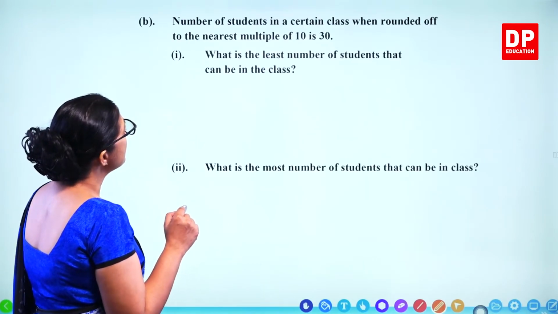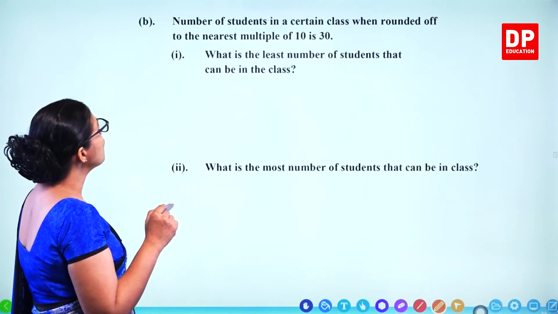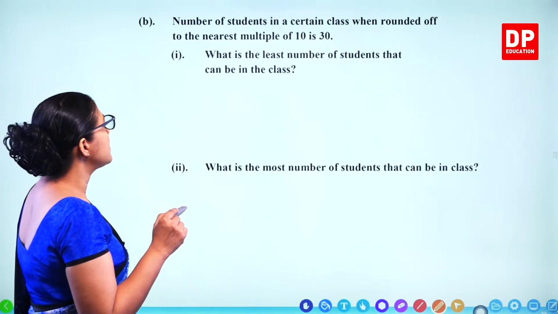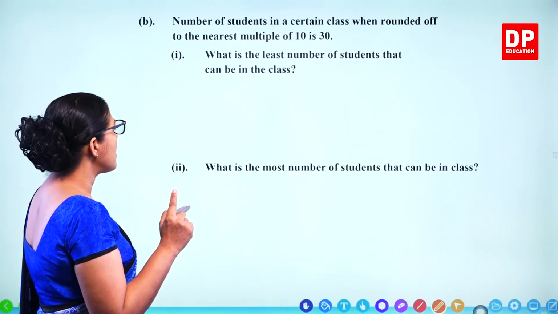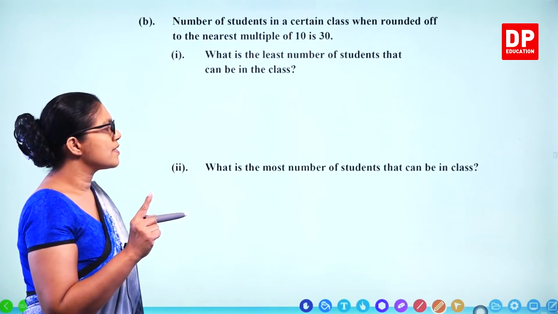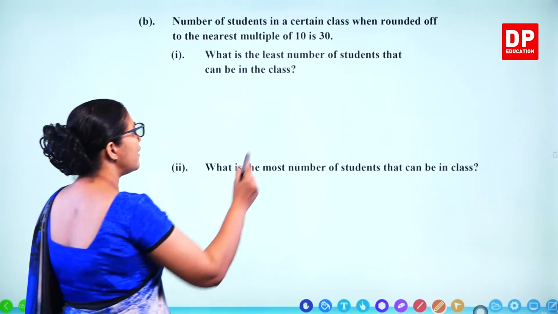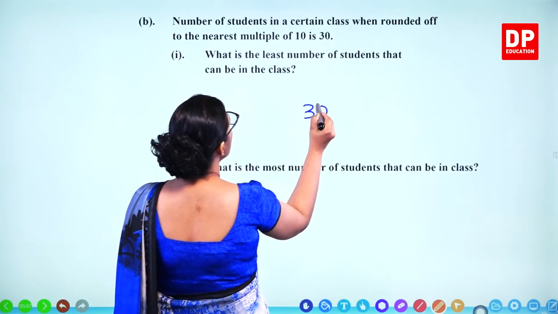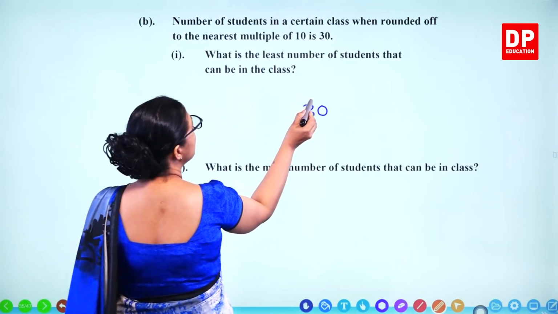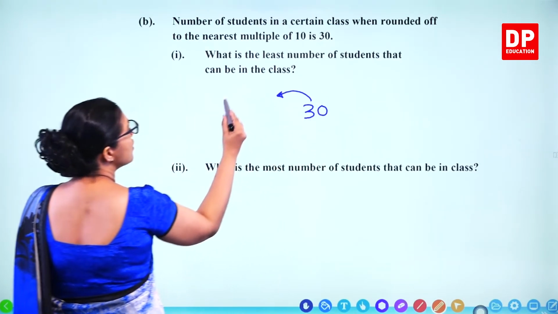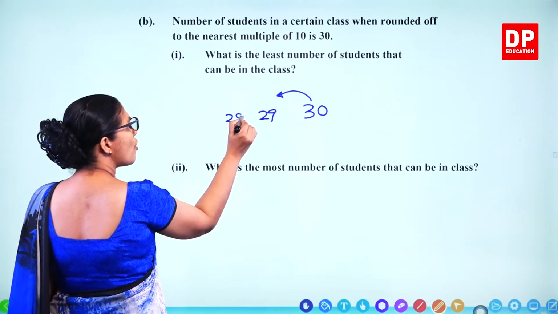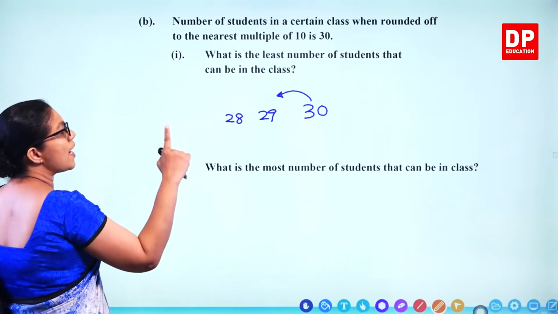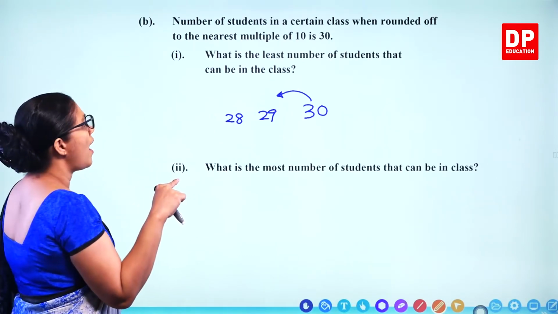The number of students in a certain class when rounded off to the nearest multiple of 10 is 30. What is the least number of students that can be in the class? What is the most number of students that can be in the class? 30 is the value. So we need the least number. We can think about 29 also rounded to 30, 28 also rounded to 30, because with 5 or more you are adding 1.